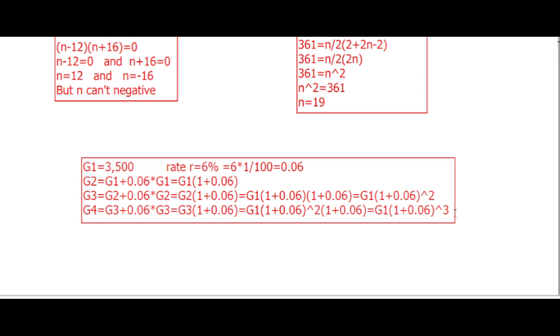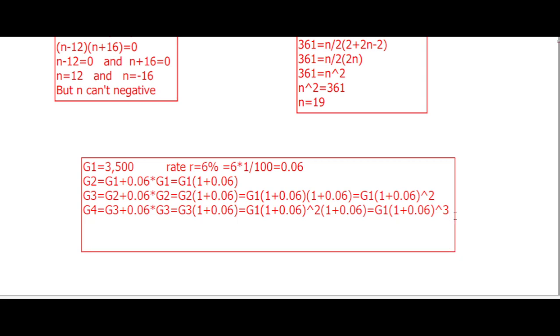What about for Gn? From this we can summarize, Gn is equal to G1 times 1 plus 0.06, that is 1.06, to the power n minus 1.